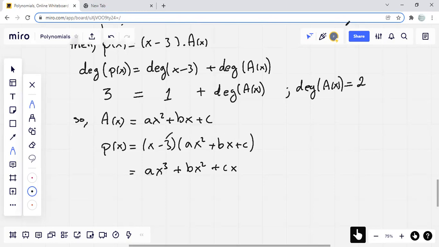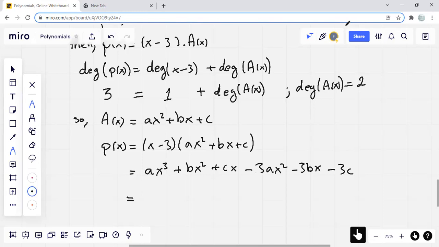Now minus 3 times ax squared, we will have minus 3ax squared, minus 3 times bx, we will get minus 3bx, minus 3 times c, finally we will have minus 3c.